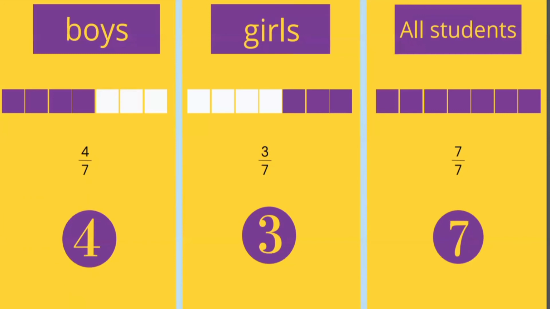So for instance, the number 4 represents the boys because there are 4 boys in the class. 4 sevenths represents the boys as well. 4 out of 7. Likewise, our diagram, 4 parts out of 7 are shaded. That also represents the boys. So always remember, we can represent the parts of a whole in different ways.